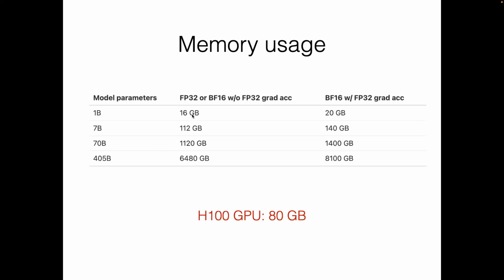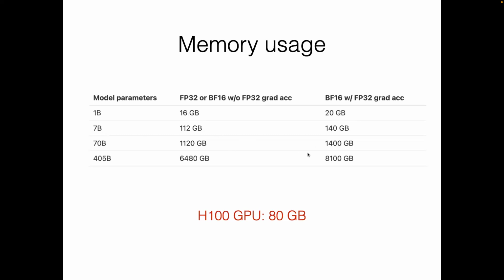Then that will require 16 gigabytes. Oh, sorry, without. If you add in this FP32 gradient accumulation, now you're up to 20 gigabytes. And I forgot to put the batch size here, but this is with a given batch size, right?